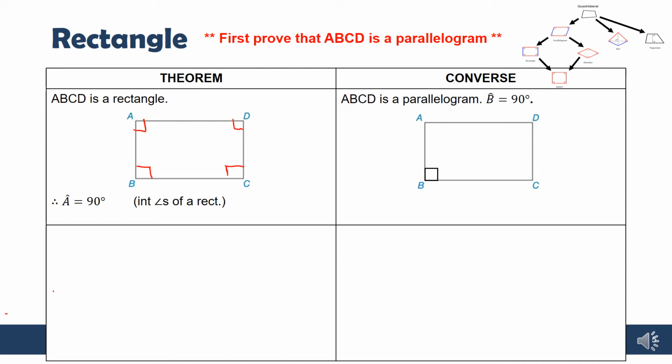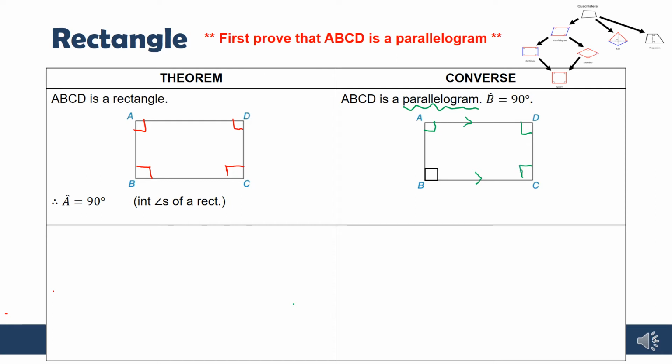And the answer is no, because if it's a parallelogram, then I know that in a parallelogram, opposite angles are equal, so automatically D has to be 90. And I know that opposite sides are parallel, which means that A is co-interior, so that has to be 90, and C also has to be 90.